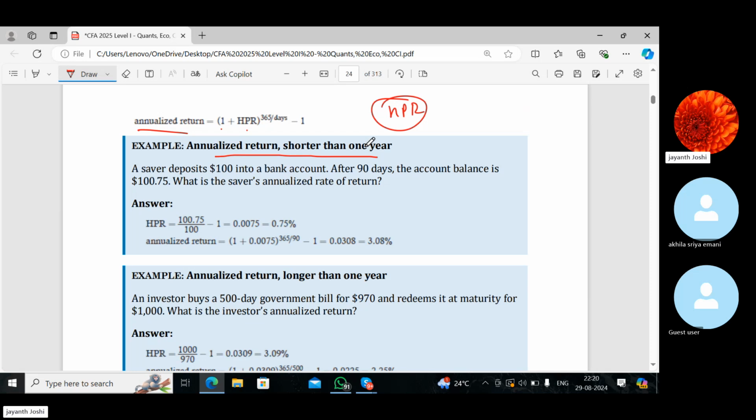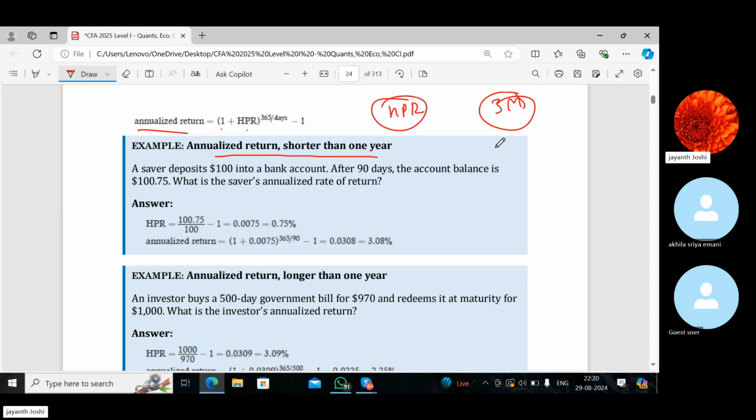Generally, when I speak about annualized return, I have to hold that security for 1 year. But let's say I'm holding it only for 3 months, that is only 1 quarter, then also I can find out my annualized return despite holding the security only for 3 months.